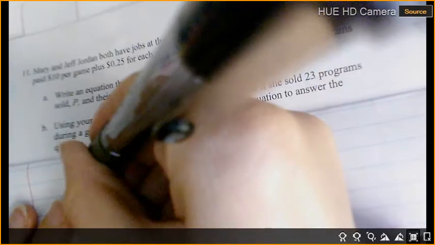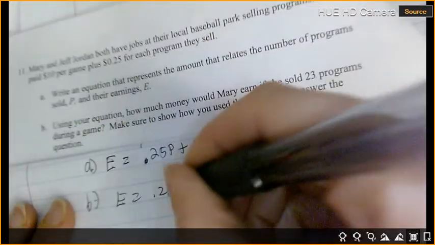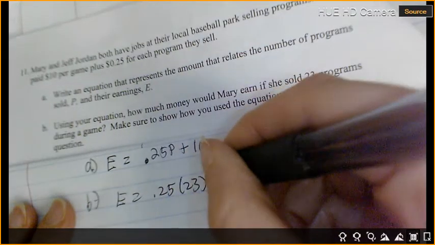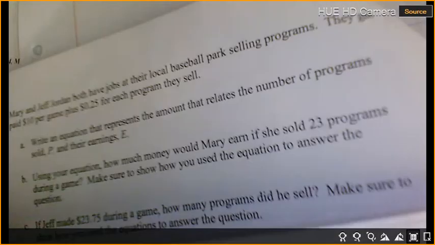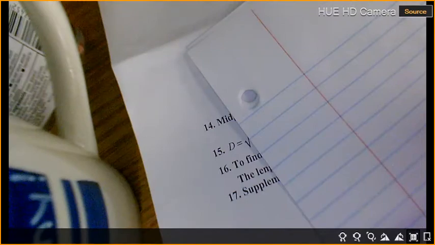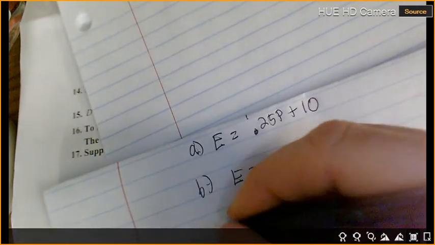P. So for B, E equals 0.25 times 23 plus 10, which is what? $15. 15 point something. It's 15.75. Okay, part C.